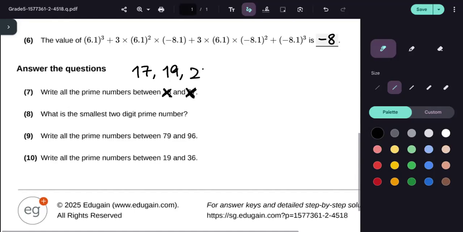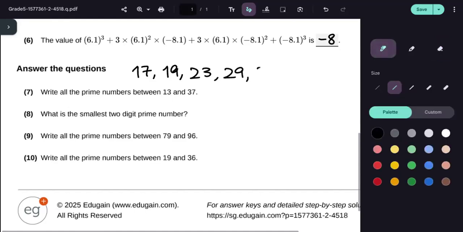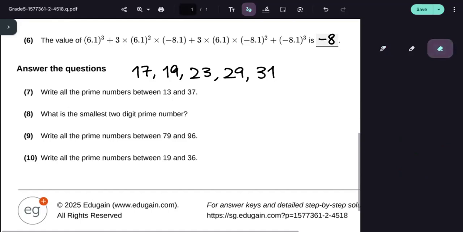Next one, 23, 24, 25, 26, 27, 28, 29. 29 doesn't have a factor. 30, 31, 32 have, 33 have, 34 also have, 35, 36, 37. So that will be it. So it will be like that.